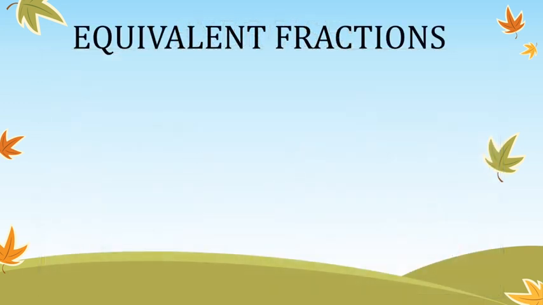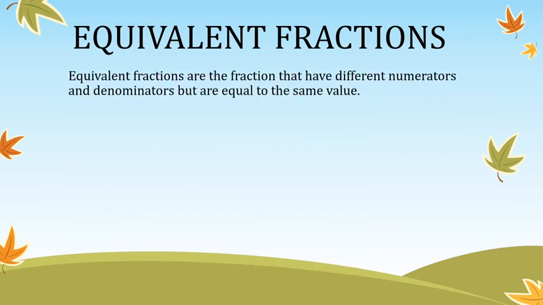Next we are coming to equivalent fractions. Equivalent fractions are fractions that have different numerators and denominators but are equal to the same value. Their numerator and denominator will be different, but their value will be the same.